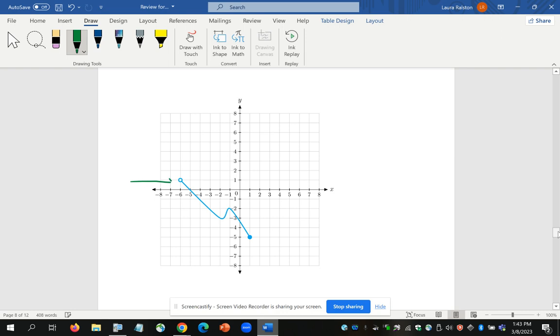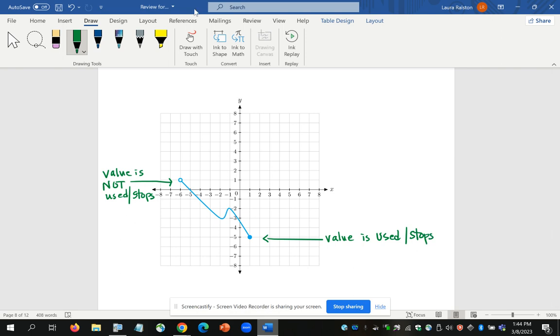If you have this open dot, that means that value is not used, and again the graph stops. On the other end, that value, because the dot is colored in, is used, but again it stops.